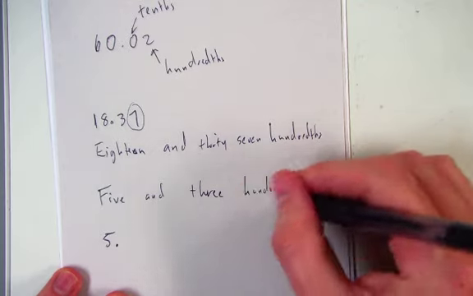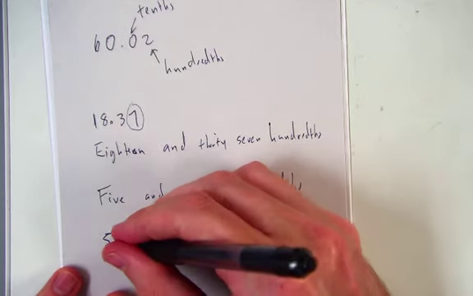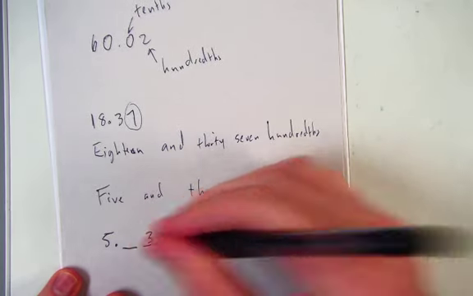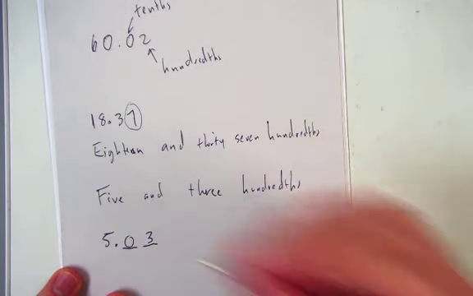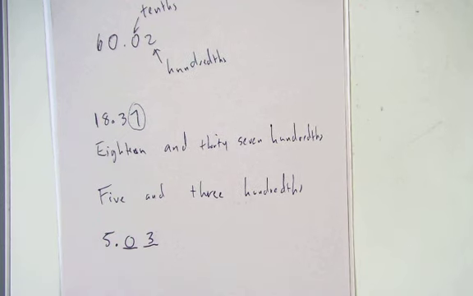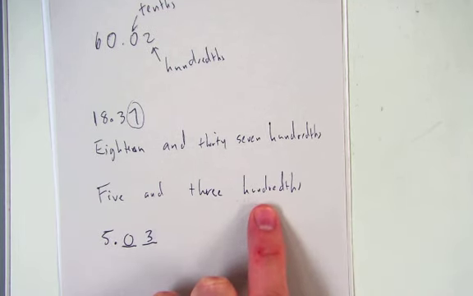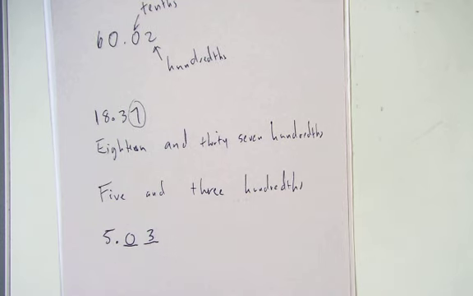But that would not be correct, because this is the tenths and this is the hundredths, and that 3 has got to go into the hundredths spot. So we need a 0 placeholder in there to make sure we get everything accounted for. So when you're going this direction, make sure you figure out where that hundredth spot is, get your last digit into that appropriate spot, and work from there.